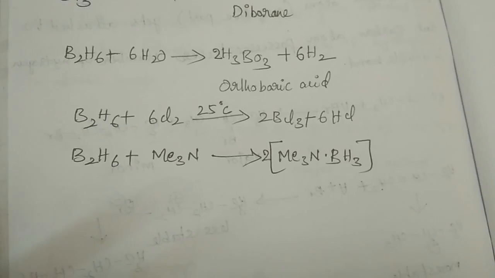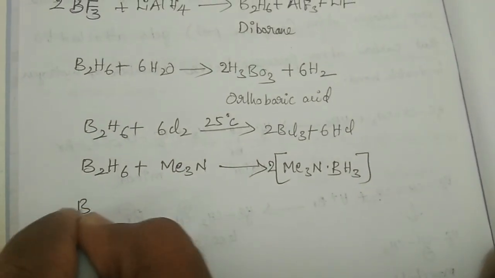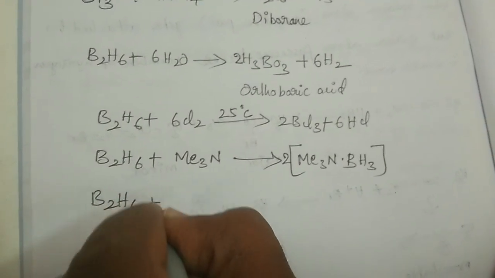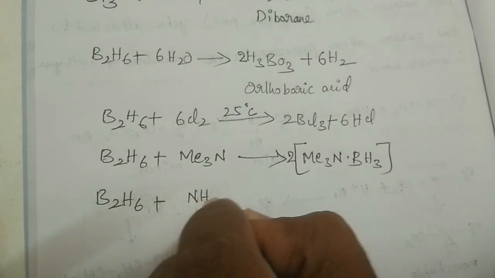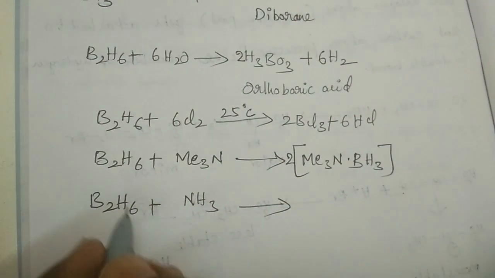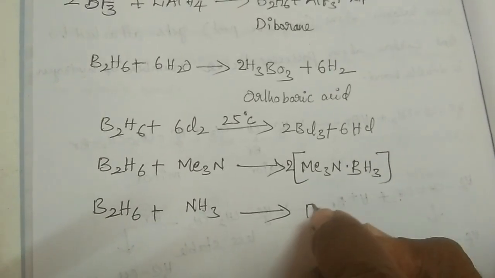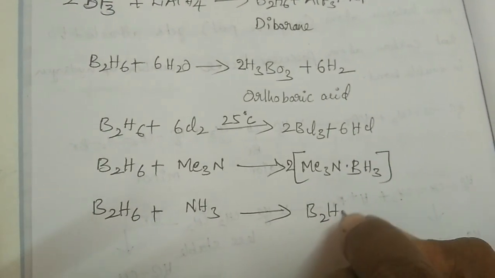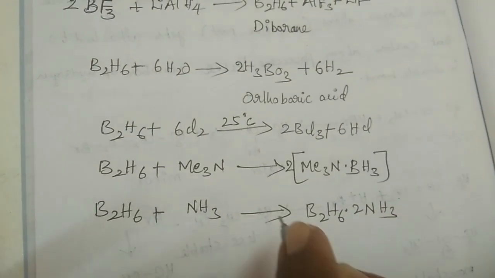Next, diborane reacts with ammonia. It gives B2H6·2NH3.